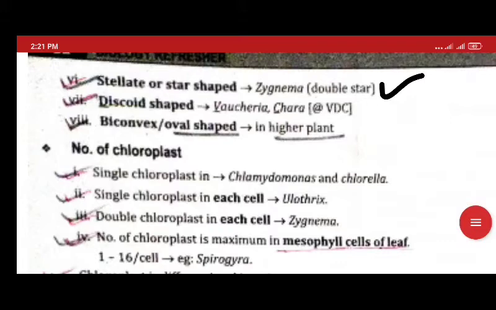Discoidal shape is found in Vaucheria and Chara, and biconvex oval shape in higher plants.